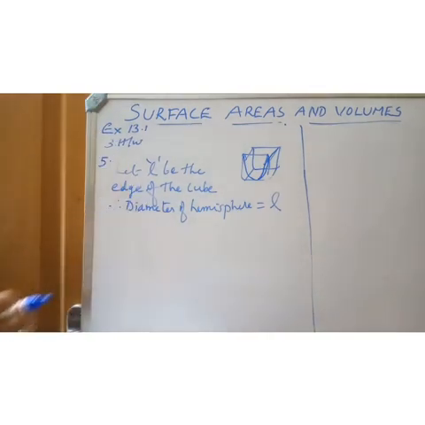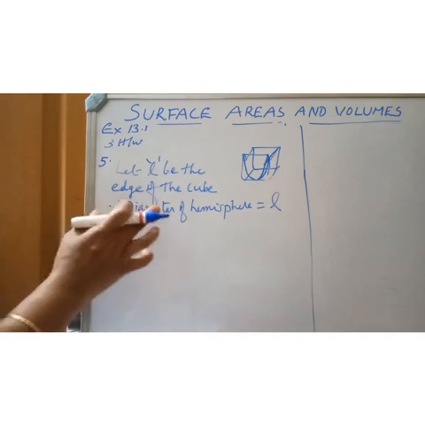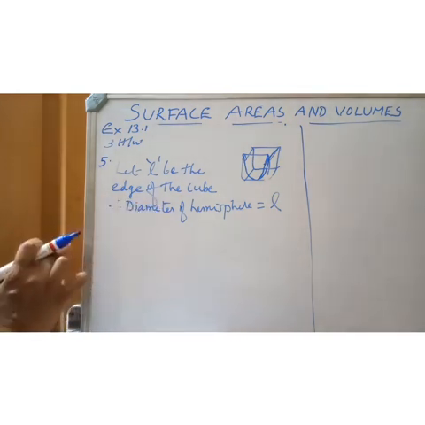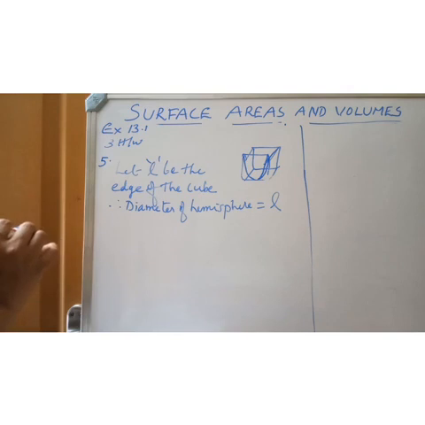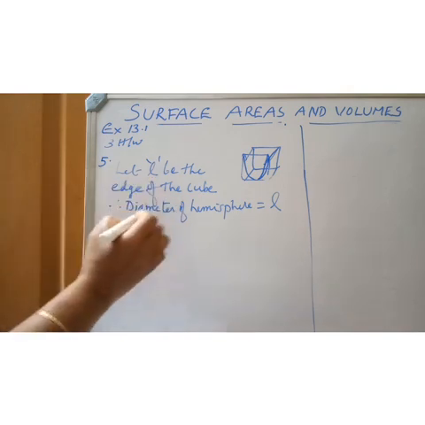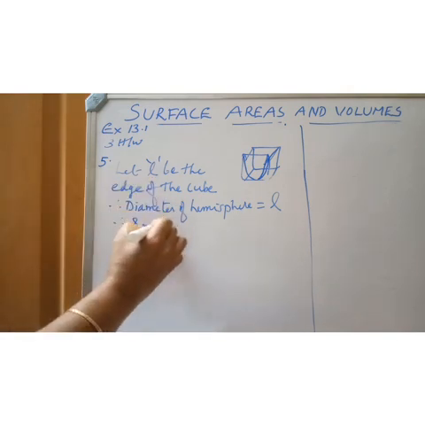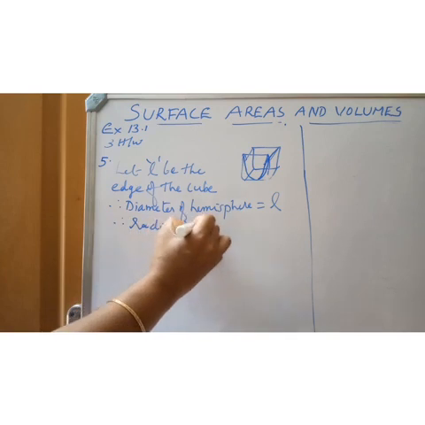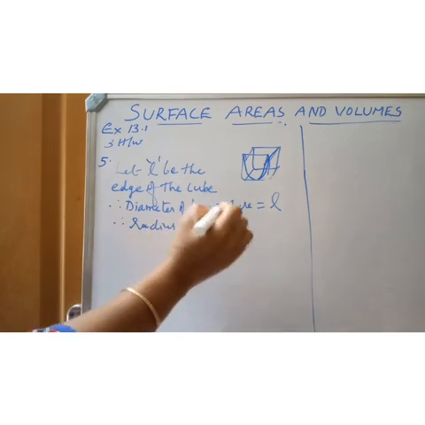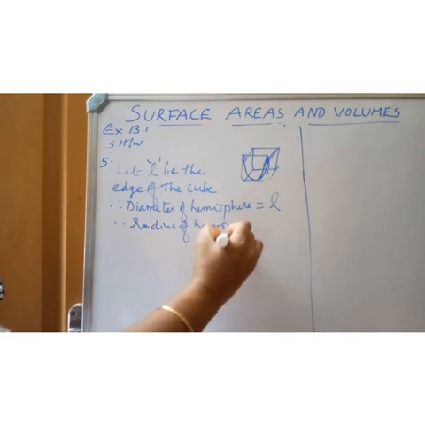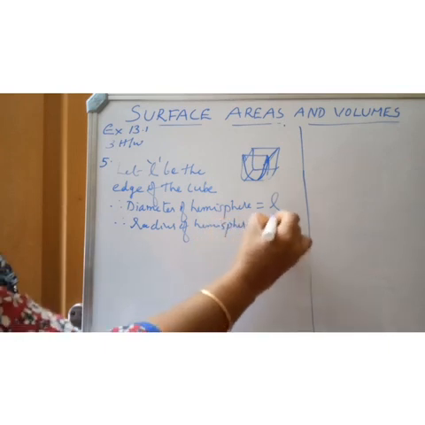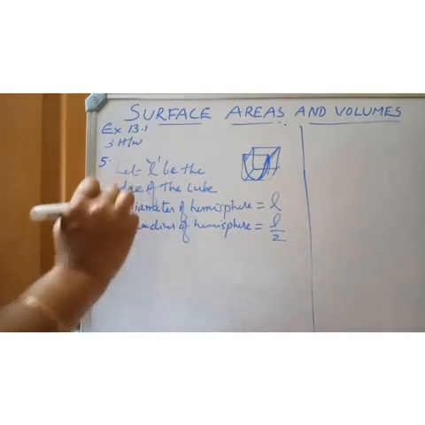So we can say that the diameter of the hemisphere is same as the length of the side of the cube, that is L. Therefore, radius of the hemisphere equal to L divided by 2.